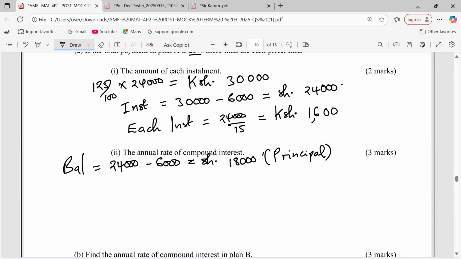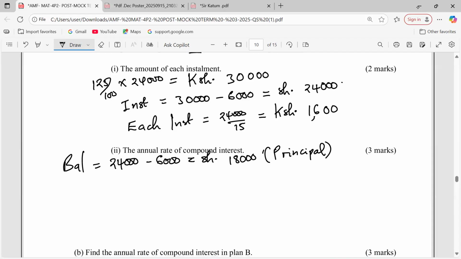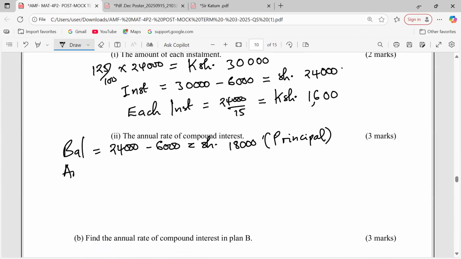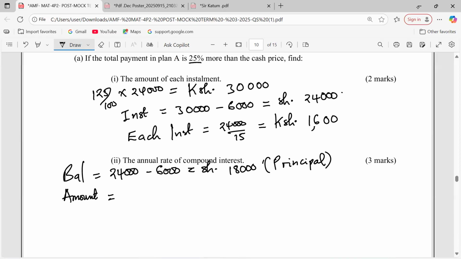Then total installments in this particular plan now become the amount. We look at the amount whereby it is the total installments. Total installments, we've already worked out, 24,000.